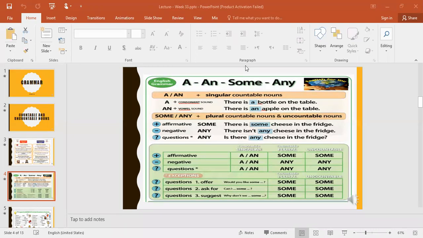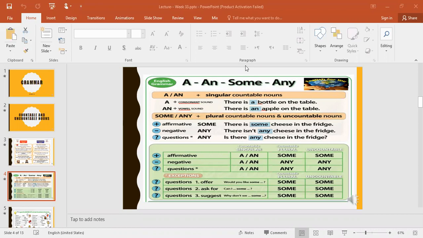Excellent. So this is what we were saying yesterday about a and some and any. We said that a and an are used for singular countable nouns, but the difference is that a is used for consonant sounds and an is used for vowel sounds.